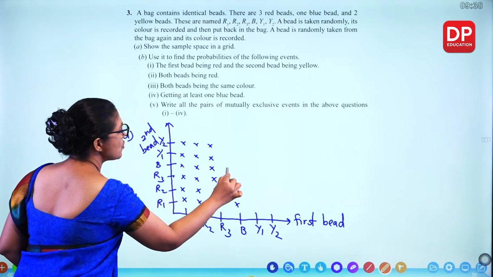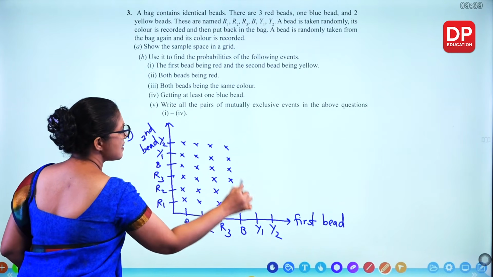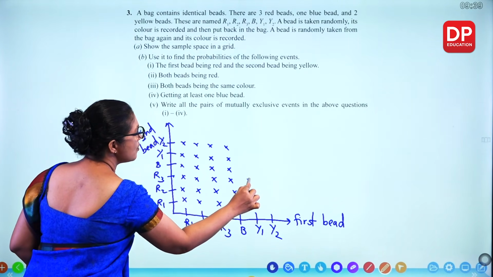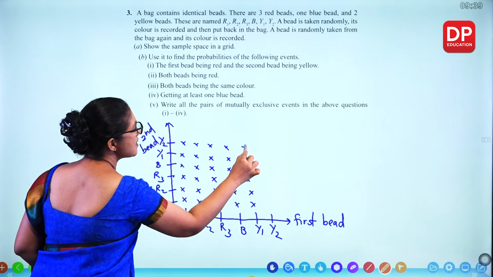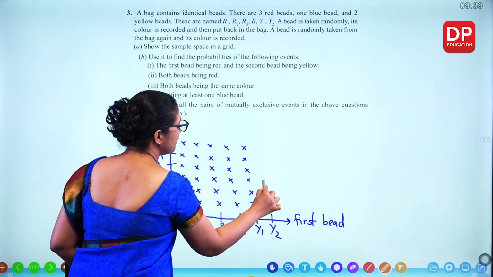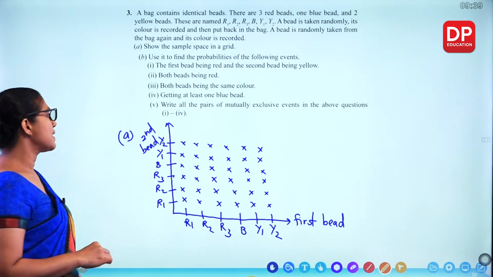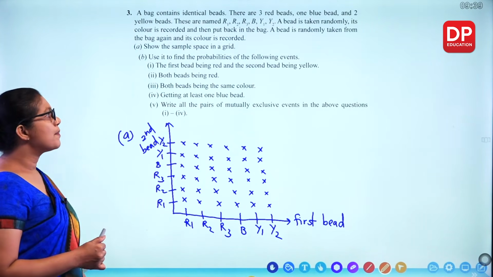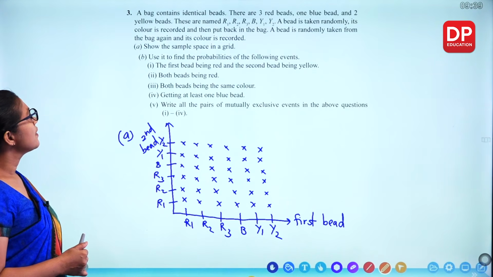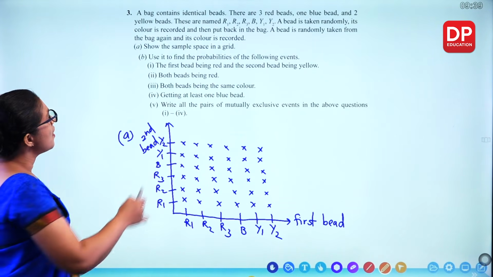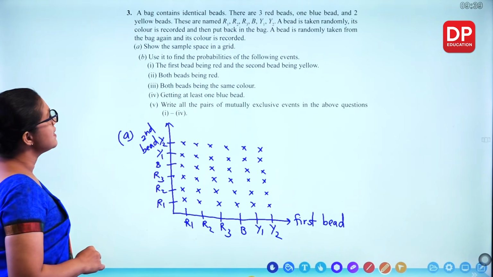The other side also 6. 6 times 6, you get 36 outcomes. So we are marking 36 outcomes like this. So this is the sample space grid. Then we'll use this one to find out the probabilities.